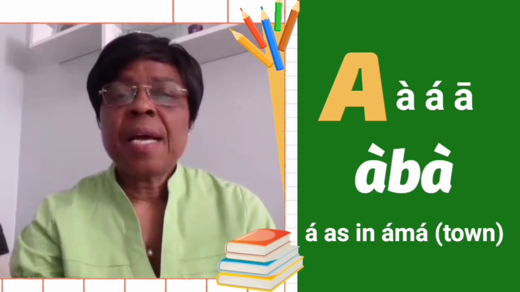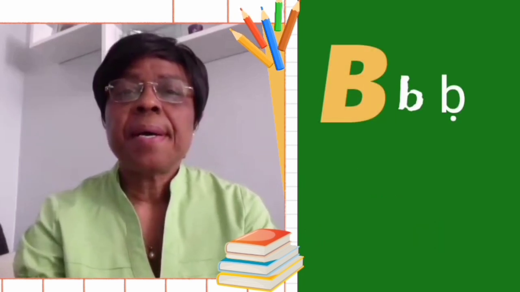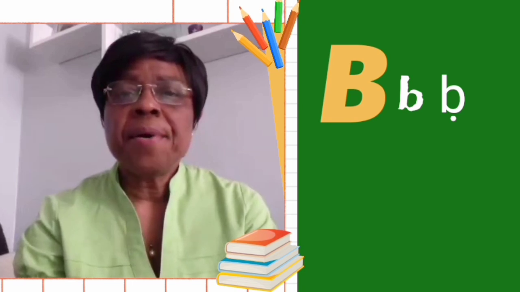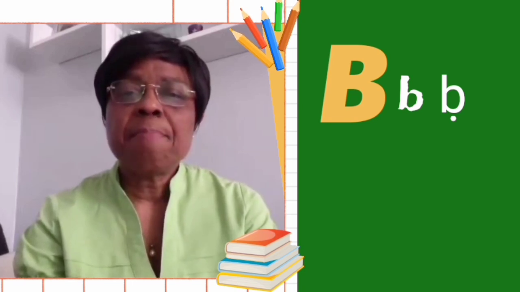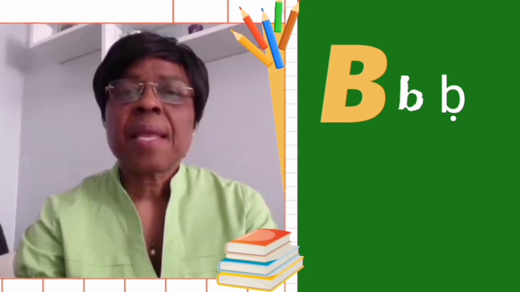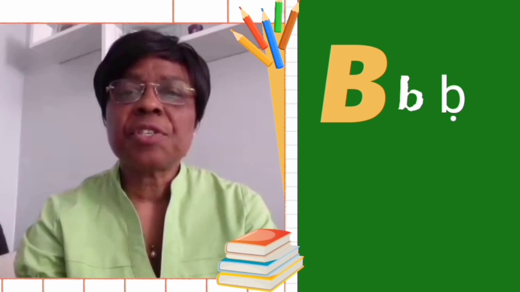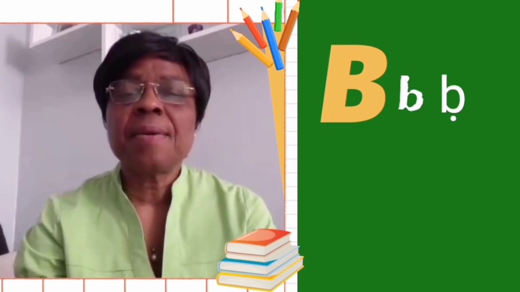We will take another letter. B. That's letter B in English. In Kirikeni Okwein, we have two sounds for that. These don't have rising or falling diacritics. They're denoted by a dot under the letter.